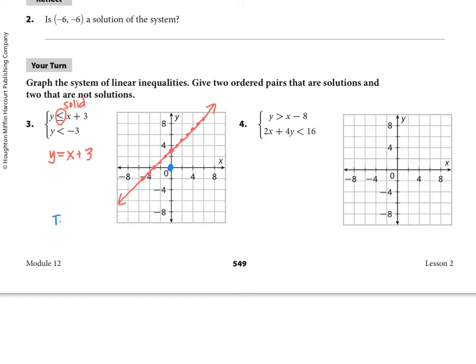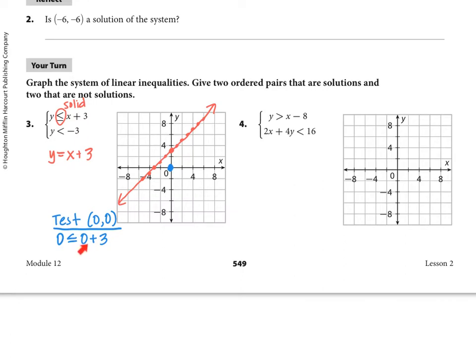If we test 0, 0, it's as easy as plugging in 0 for x and 0 for y, and seeing if it's a solution. So instead of y is less than or equal to x plus 3, it's 0 less than or equal to x plus 3. Is that true or false?